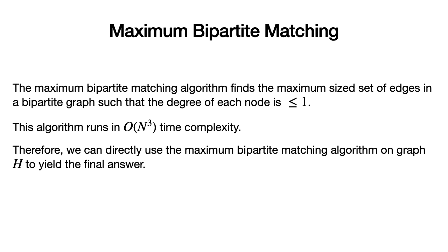The maximum bipartite matching algorithm finds the maximum size set of edges in a bipartite graph such that the degree of each node is less than or equal to 1. And this algorithm runs in order of n cubed time complexity, which for n equal to 500 should pass quite comfortably. Therefore, we can directly use the maximum bipartite matching algorithm on graph H to yield the final answer.